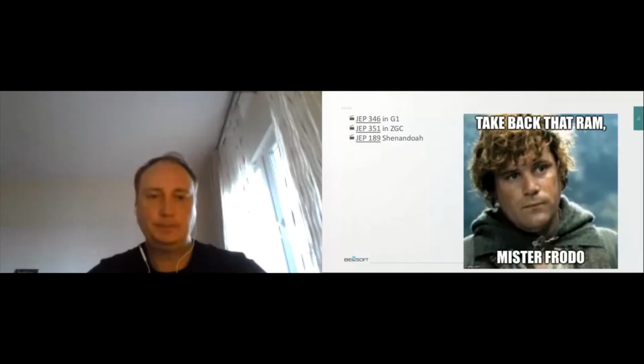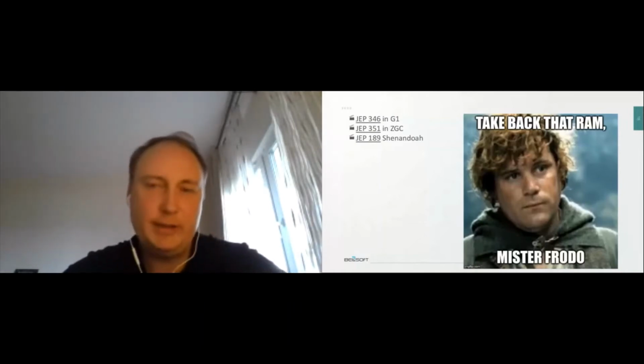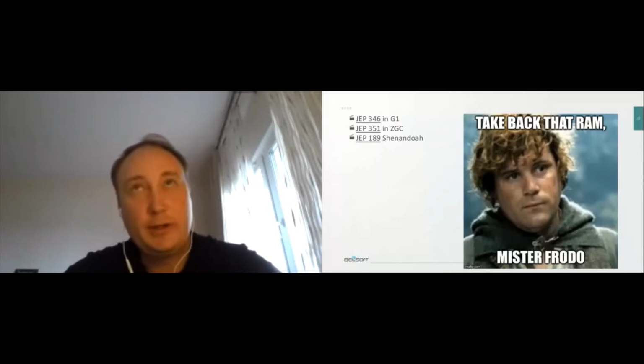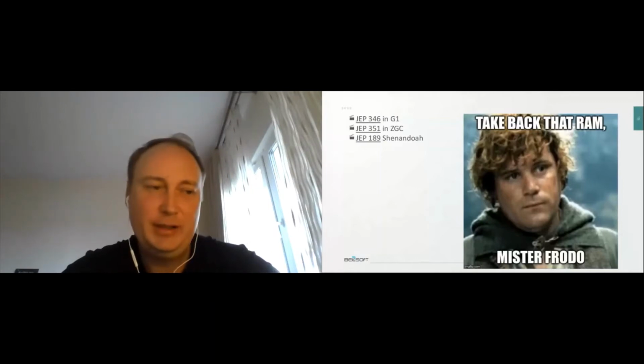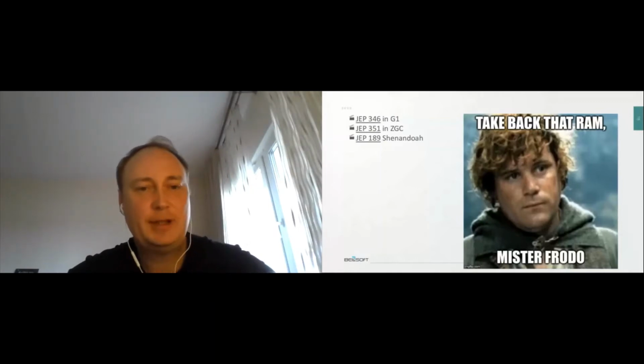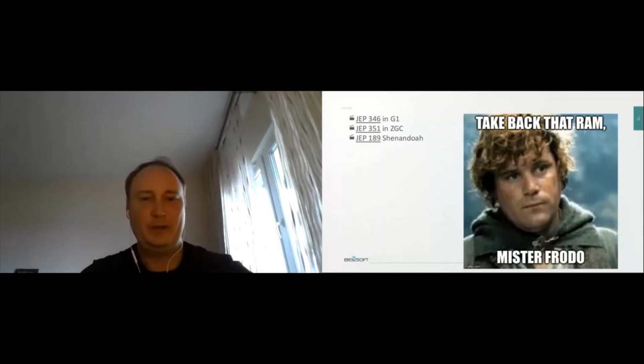And in upcoming JDKs, if you look at this slide, all issues listed here are still not implemented, except Elastic Metaspace, which is pretty close to being targeted into JDK 16. So after the release, probably it will be available in mainline, which is pretty cool.